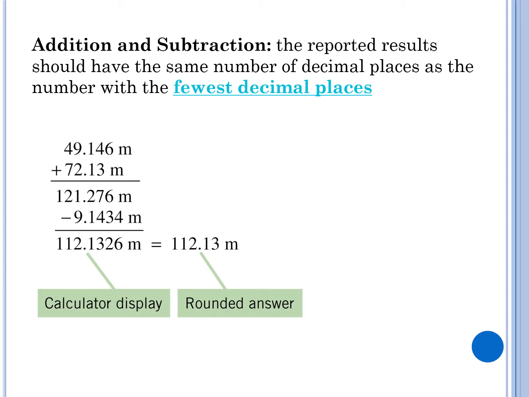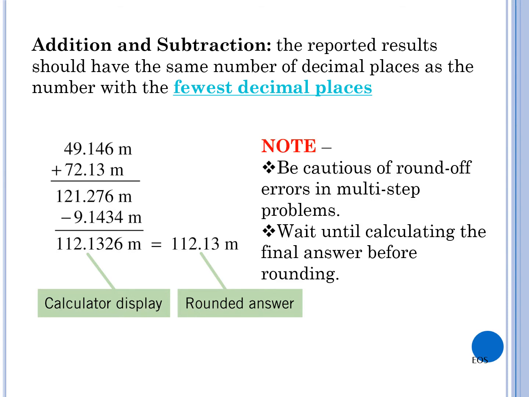This is not your answer, this is the calculator display. Your answer must come with the fewest decimal places. Among these four numbers, which one has the fewest decimal places? Of course, this one, 2 decimal places at the end. So the answer would be 112.13.